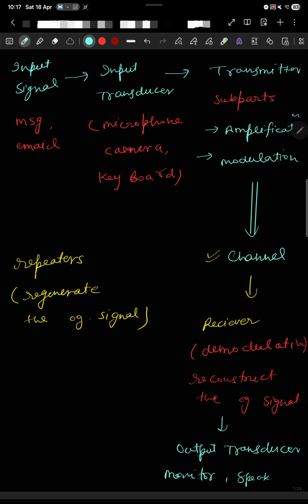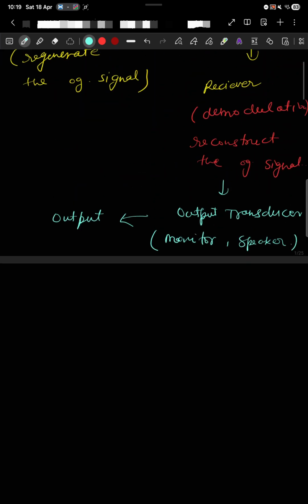These are examples of output transducer. Hence, we get our final signal, which is output. Now we are going to study these parts of this schematic diagram in detail.